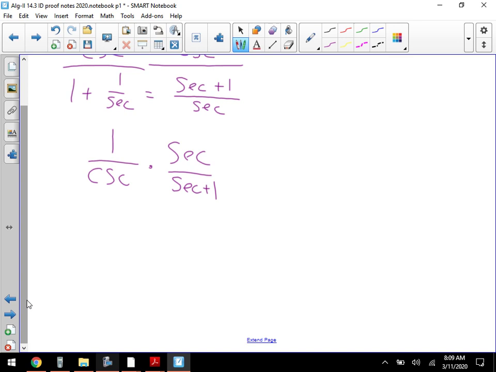No, it's an addition symbol. So if you do that, so we get what? Secant over cosecant, secant plus cosecant.